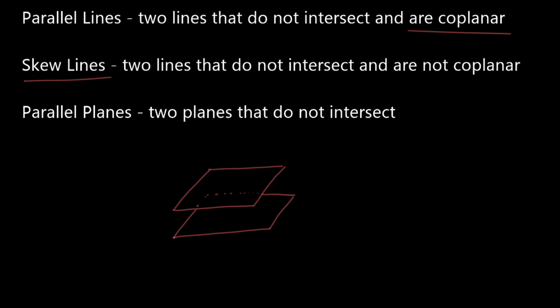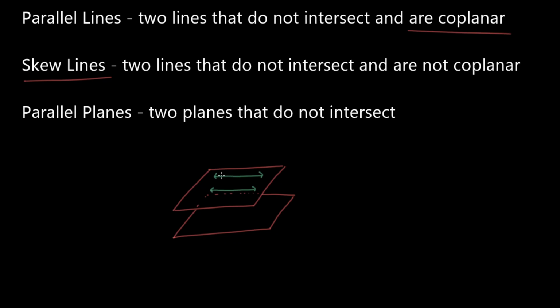What I'm going to look at here is, if I have two lines that are both in the same plane and they never intersect, we call them parallel to each other. So these two green lines here, I'm trying to draw them such that they're in the same plane.